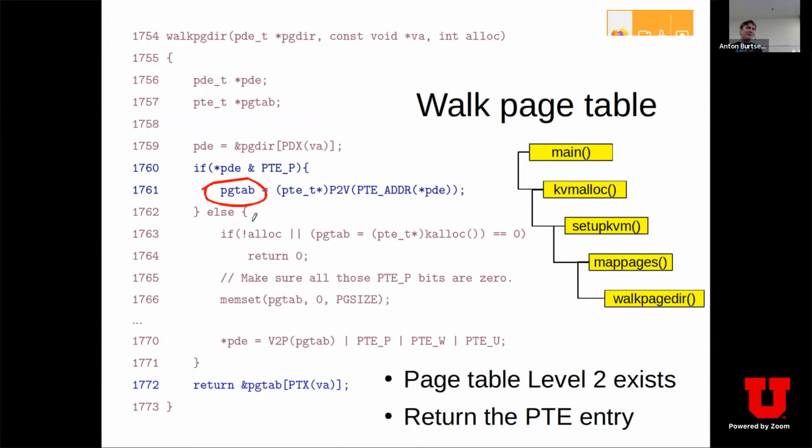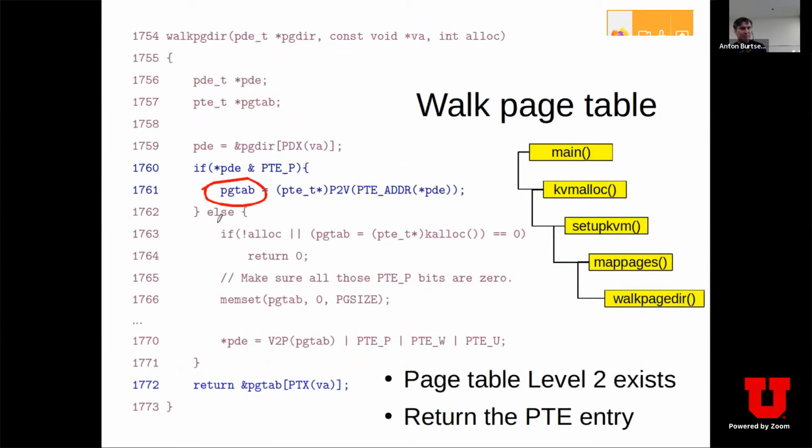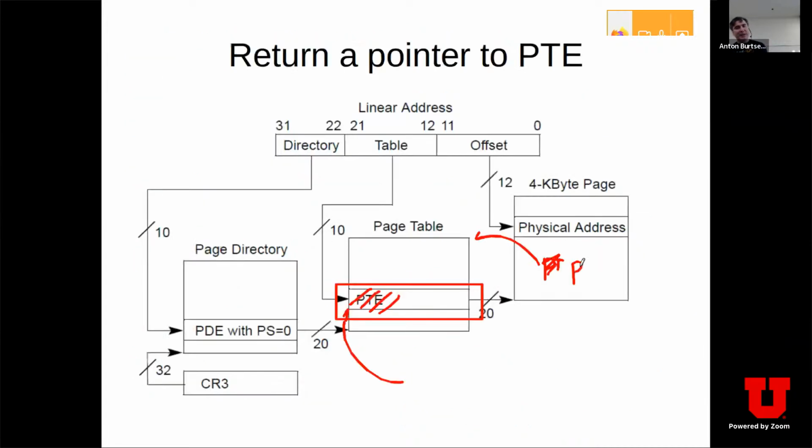And now, since our goal is to simply return the pointer to an entry in the page table, the way it looks is we really want a pointer to this entry. So we have a pointer to here, which is the page table. What is it called in the source code? pgtab, page table. Okay, that's how they call it, right? So this is a pointer here, and we want a pointer here.